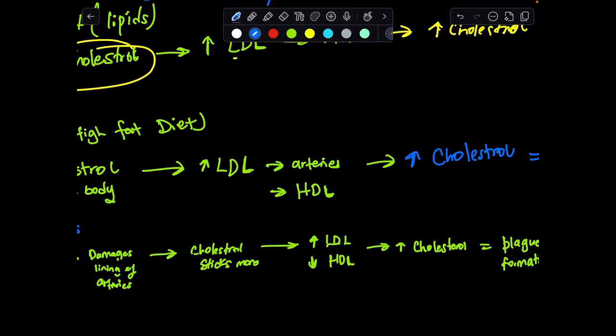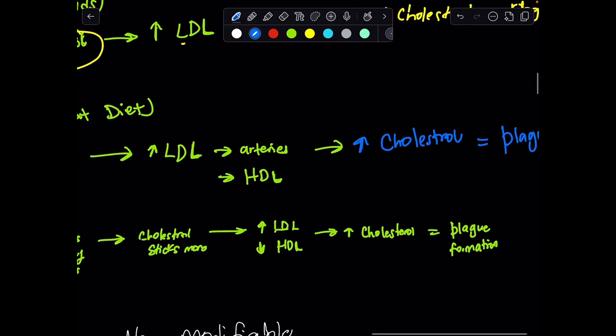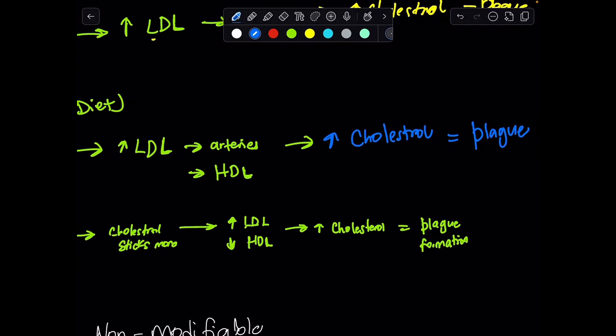When I'm saying picking it up, I mean taking it from the body and dropping it off. But helpful Luffy picks it up from the arteries, brings it, and drops it off at the liver. So the drop-off spot is different, and we also need to pay attention to that. But yeah, increased cholesterol, plaque formation.